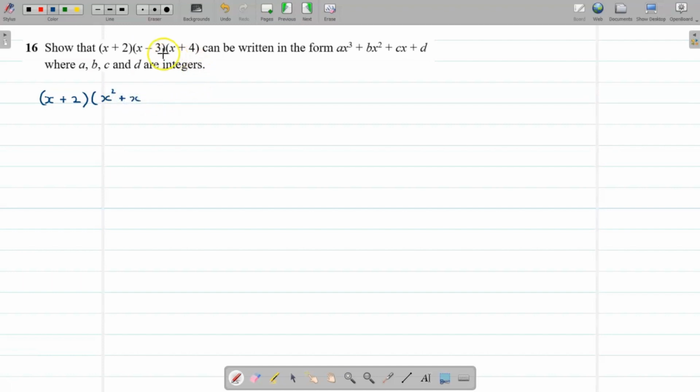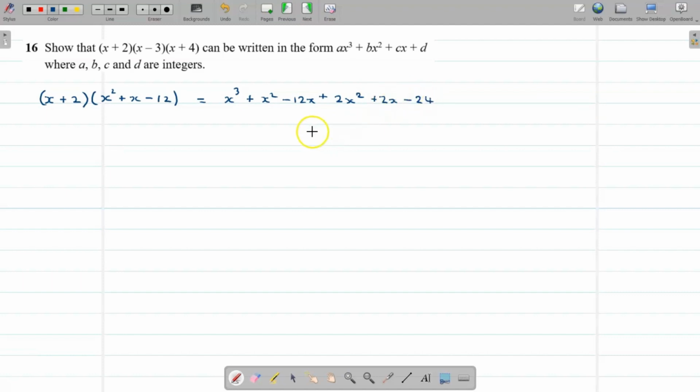And I've also got minus 3 times 4, which is minus 12. Then I multiply this bracket by this one to give me x cubed plus x squared minus 12x. And then I've got plus 2x squared plus 2x and minus 24.